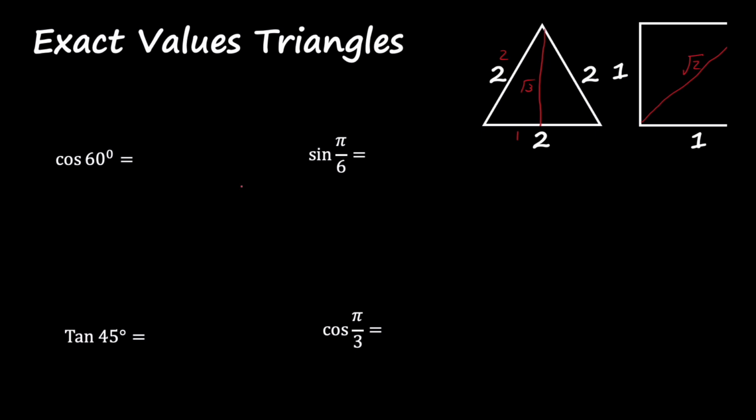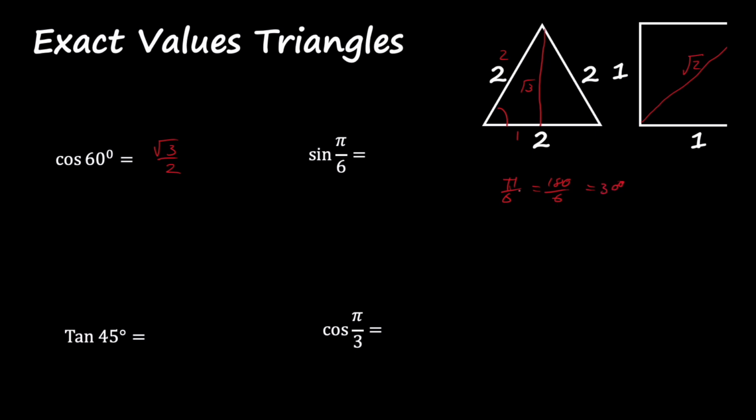So what about sine 60? 60 is going to be in here. I think we've already done this one. This is going to be root 3 over 2. What about sine pi over 6? Well, pi over 6 is in radians, so I might be thinking, what's going on? But actually, pi over 6 is 180 over 6, which is equal to 30 degrees.